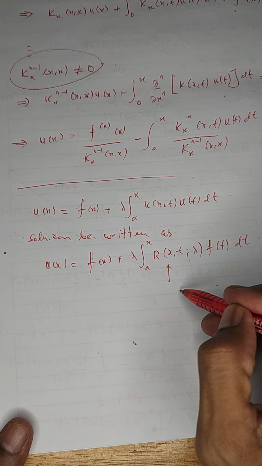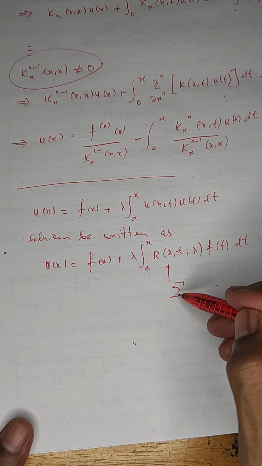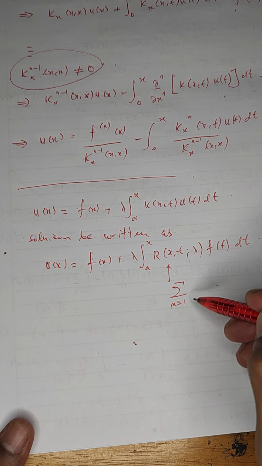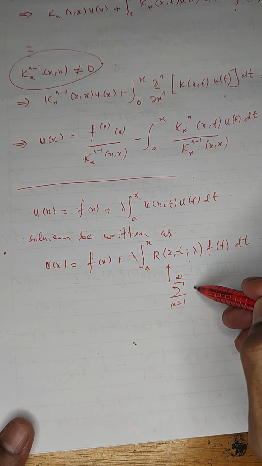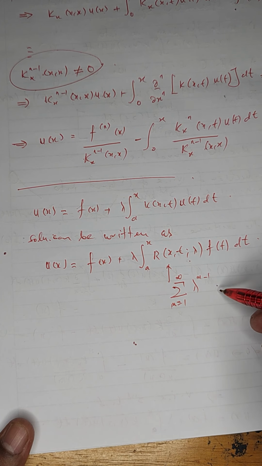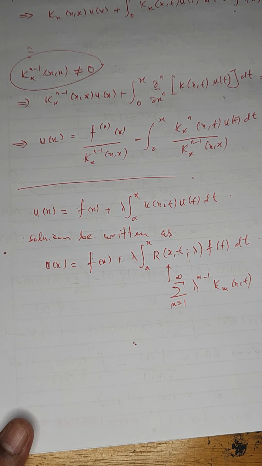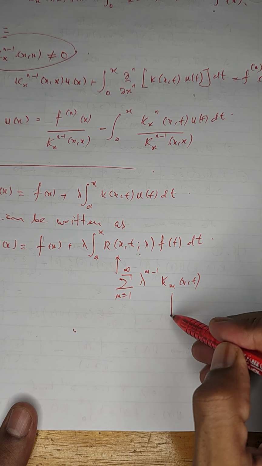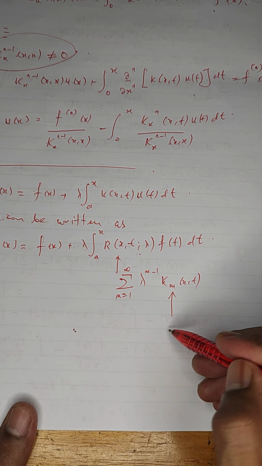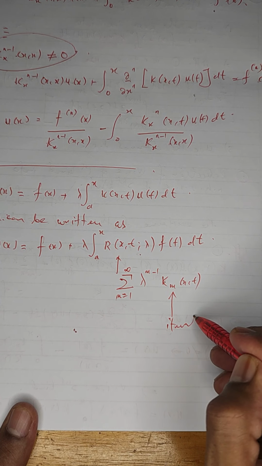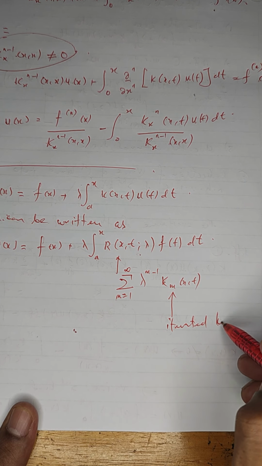The resolvent kernel can be written as a summation over m from 1 to infinity of lambda^(m-1) K_m(x,t). And this K_m can be obtained using the iterated kernel.